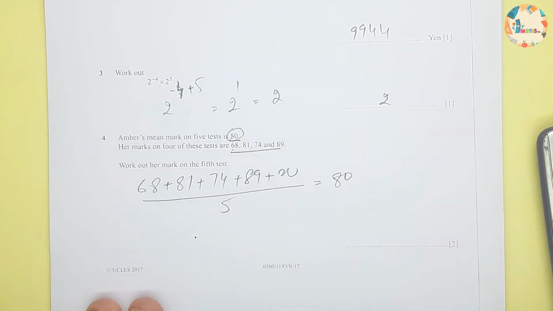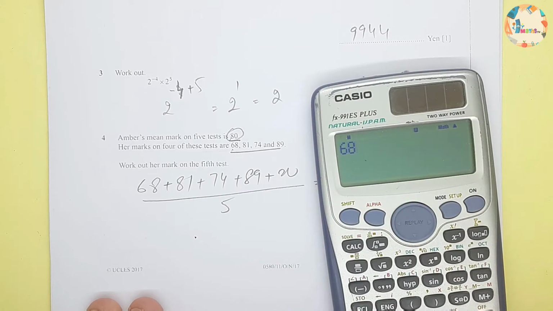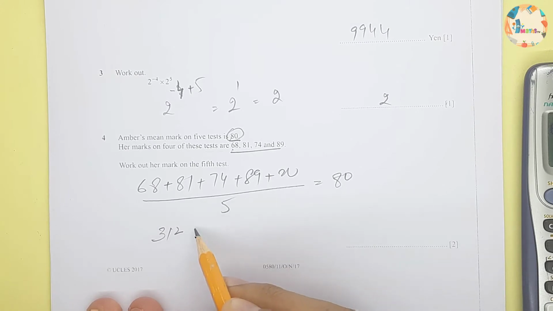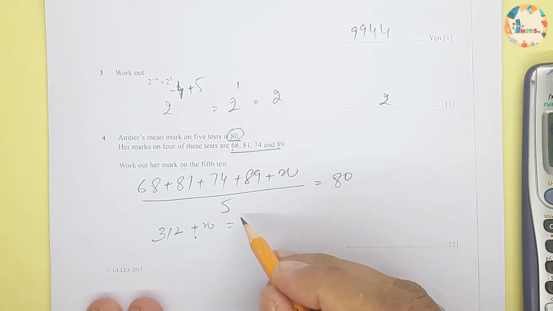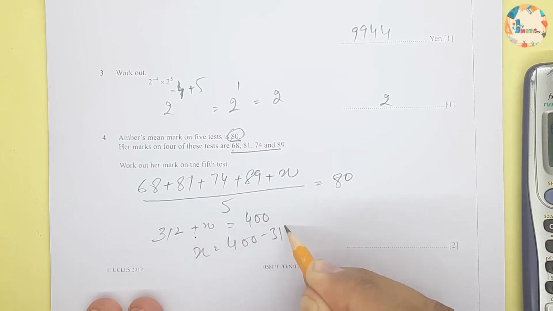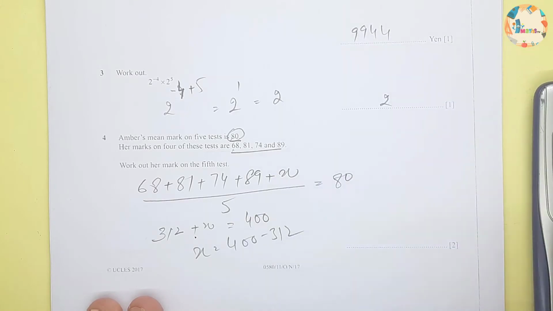If we add 68 plus 81 plus 74 plus 89, this will be equal to 312. So 312 plus x over 5 is equal to 80, and we can shift the 5 to this side: 80 into 5. This will be 400. So x will be equal to 400 minus 312, which is equal to 88. So our answer will be 88.